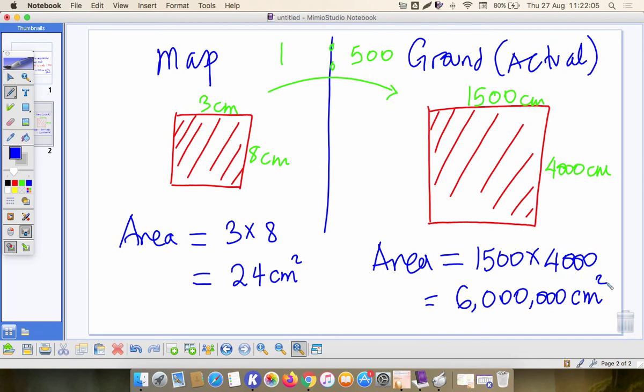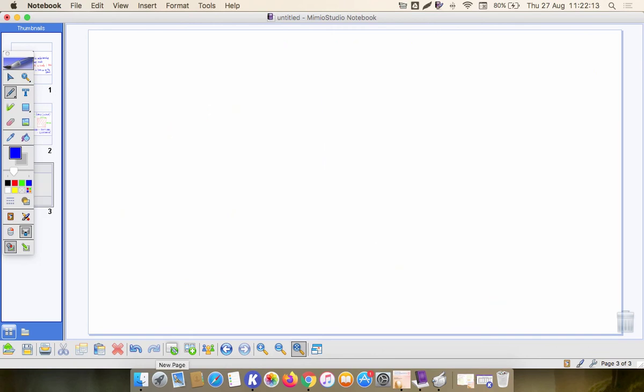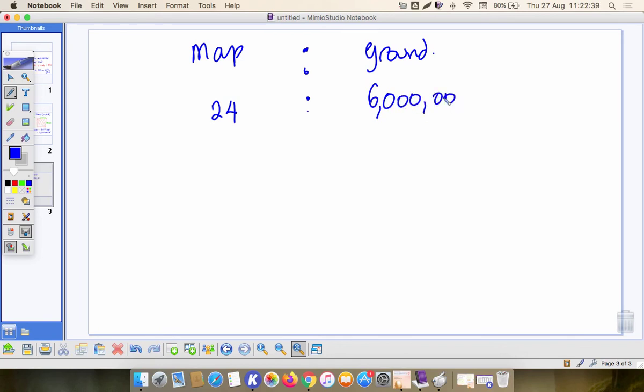Now I am going to compare those two. I'm going to make a ratio of the areas. So my ratio would look like this. This is the map. This is the ground. So this would be 24 to 6 million. Remember, this is area.